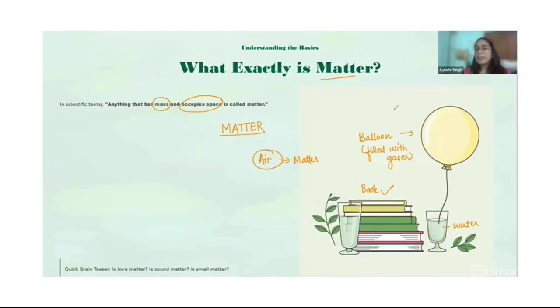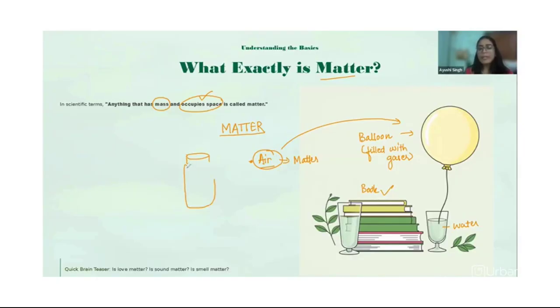Why is it matter? Because the balloon is being inflated with air, so the air is occupying the space present in the balloon. So air occupies space. Now, let's take a cylinder, which is there in our houses.